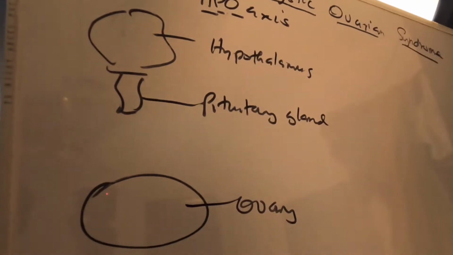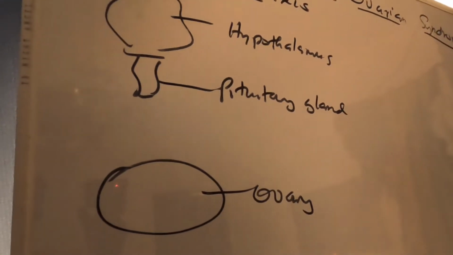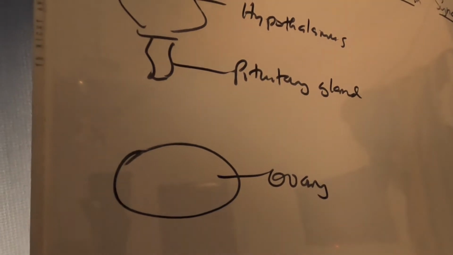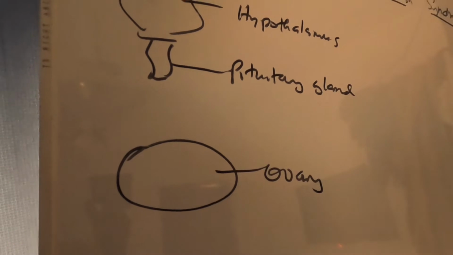Now, the hypothalamus is a small organ in the brain that helps to regulate a number of functions. One includes temperature. But in this condition, we will look at the hormonal function of the hypothalamus.